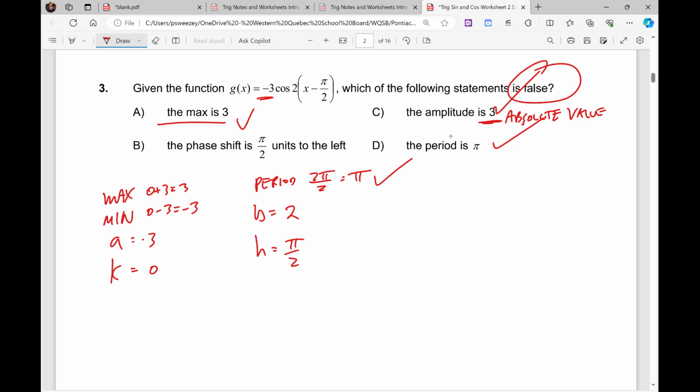I can check that off. The last thing is phase shift, and you can write this underneath, is another word for H. Now, they've written it funny where they say it's pi over 2 units to the left. But this guy's not going to the left. Even though it says negative pi over 2, we always know that it's opposite. So actually, this phase shift is to the right. So that's the one that is going to be false. And that's it in a nutshell.